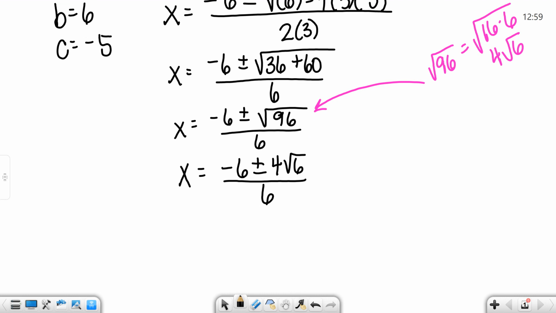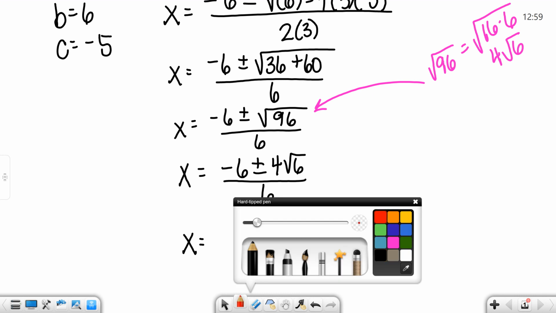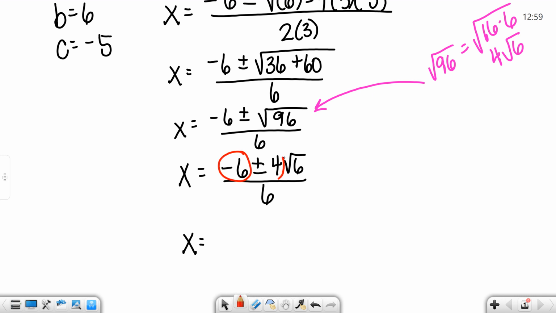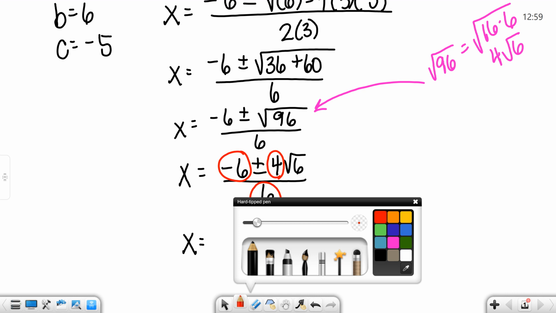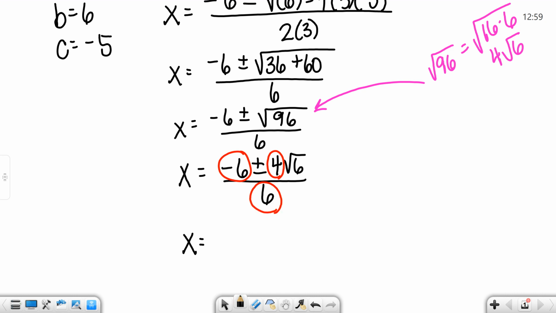The next thing I need to do is any simplifying that I can do. Well, here's what I notice. This negative 6, this 4, and this 6 are all divisible by 2. So what that means is I'm going to factor out a 2 in the numerator. I do need to factor it out. Here's what I get when I factor it out of my numerator.